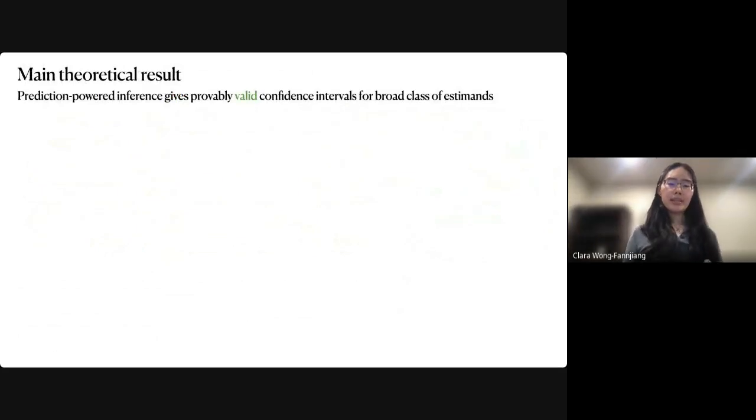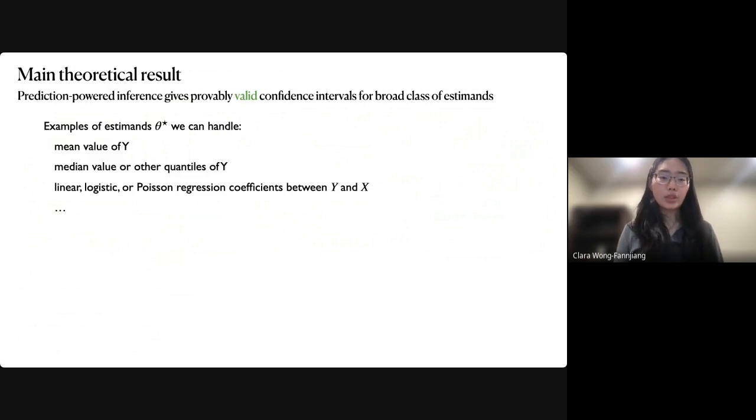Okay, so I'm just going to make this a bit more concrete and briefly overview our main technical result, which is just that the procedure we proposed, prediction-powered inference, gives provably valid confidence intervals for a broad class of estimands that we characterize mathematically. So some examples of estimands that we can provably handle include, again, the mean value of y, the median or other quantiles of y, and any sort of generalized linear regression coefficient between y and x.